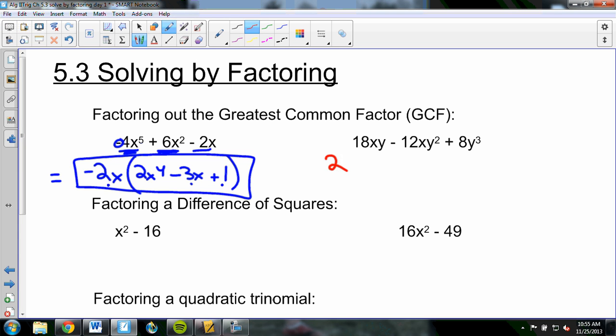It's not 2xy. It's 2y. There's no x in this term over here, so I can't pull an x out of this. They all have a 2 and a y, so I'm going to divide everything by 2y. That gives me 9x minus 6xy plus 4y squared, and factor.